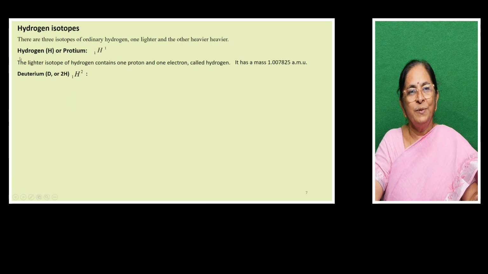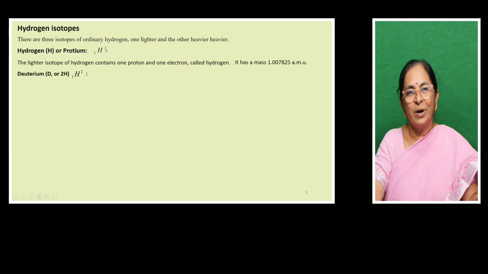This is the most abundant element. Isotopes means number of protons will remain the same. So here the first isotope is protium, number of proton is 1. Here deuterium, here also number of proton 1, here 1 neutron is added.